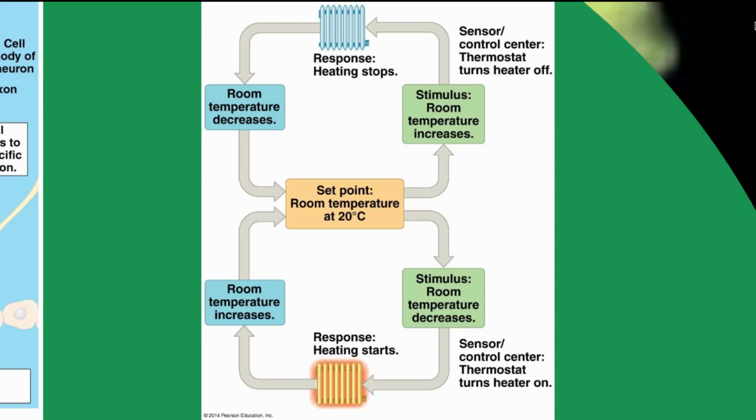If the temperature gets too hot, then it'll turn the air conditioning on, bring the temperature down, and that will turn the air conditioning back off. Right? So these are examples of these negative feedback loops where the end product turns the system off.